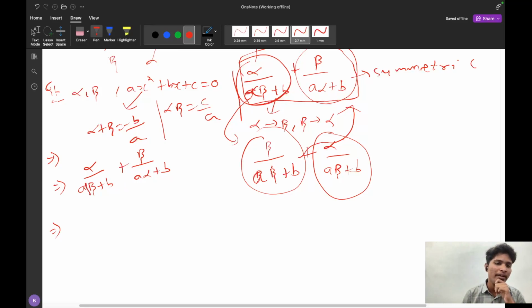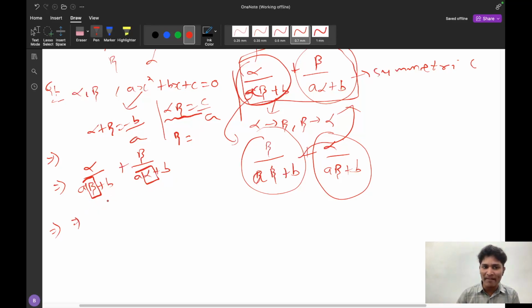If I see here, there is a beta value. Here it is an alpha value. From this equation, can I write beta is equal to... there is a large simplification.